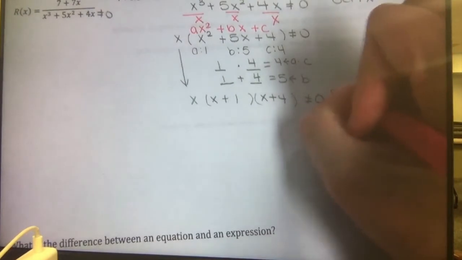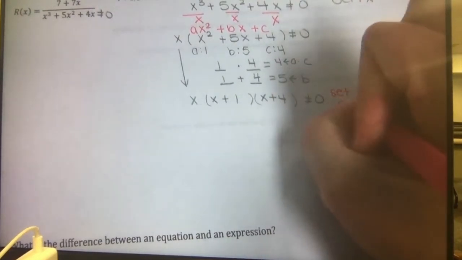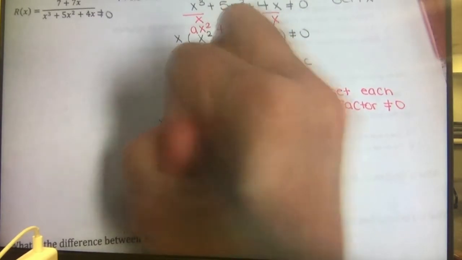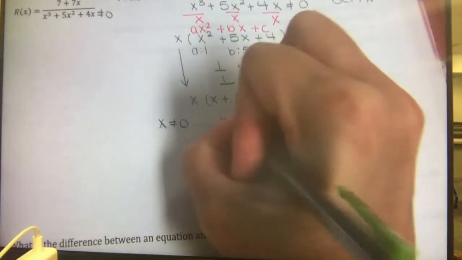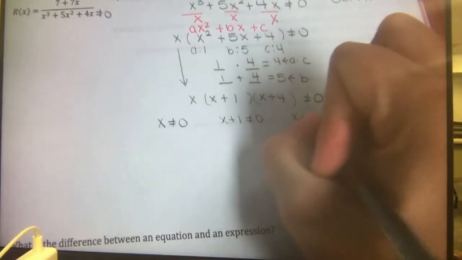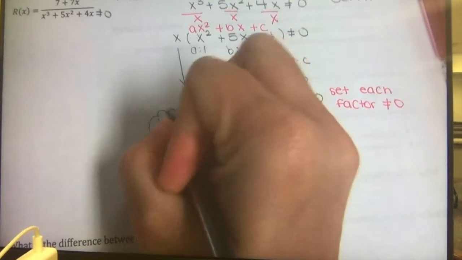Now we're going to solve for x by setting each factor not equal to 0. So x cannot equal 0. X plus 1 cannot equal 0. And x plus 4 cannot equal 0. X cannot equal 0 is already solved for us. X is already by itself, so that's one answer.